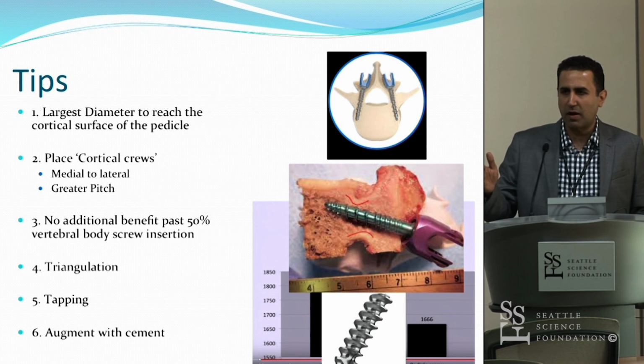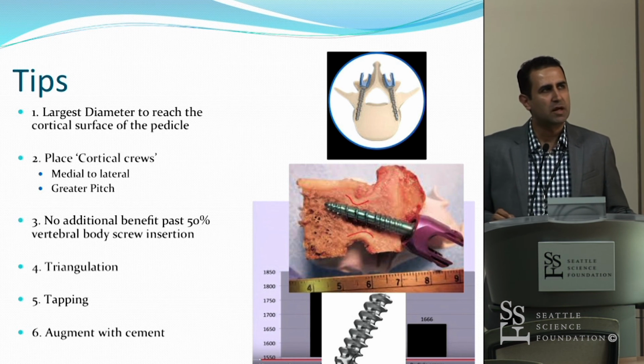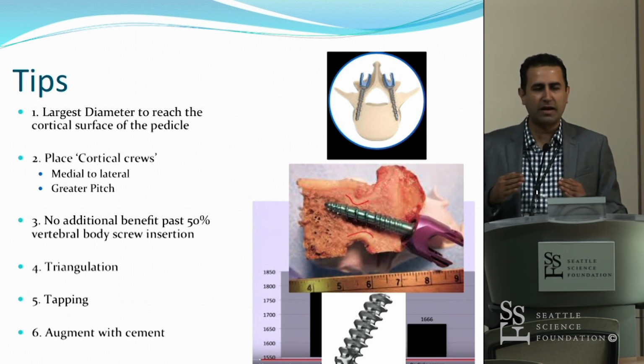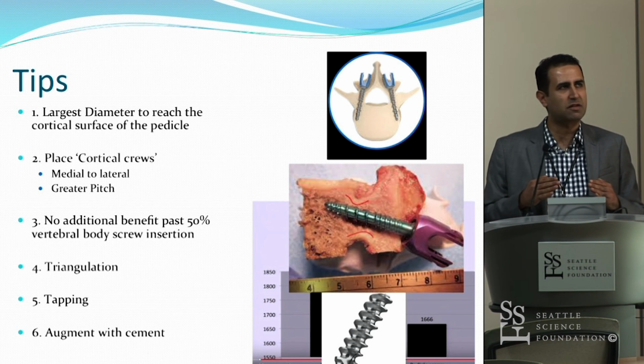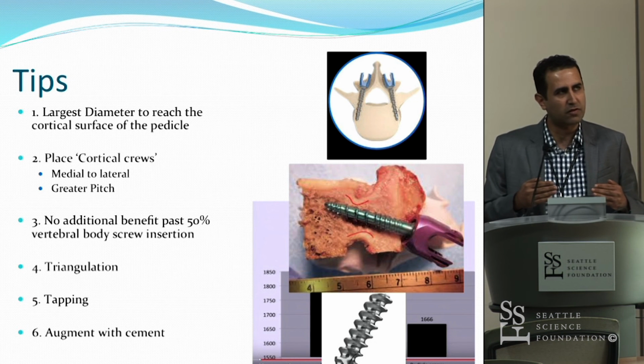In the thoracic spine you can exceed it, you can breach the cortex, and it's a risk to the important structures like the big red that you've got there. Triangulate your screws. You've got to increase the angle of the medialization of these screws, because again, that will improve the pull-out force.